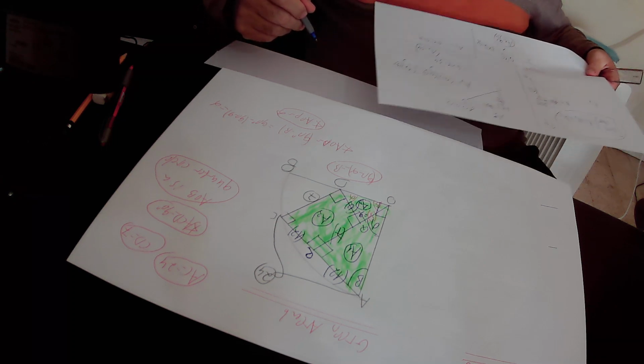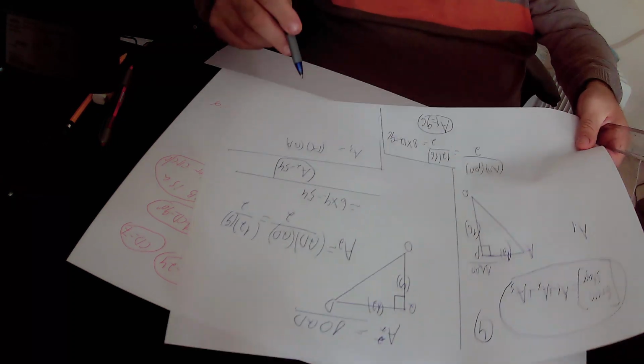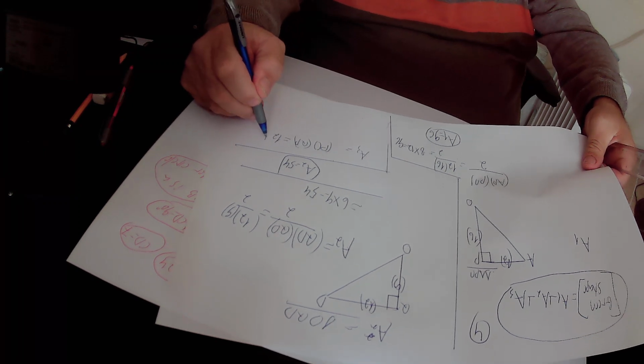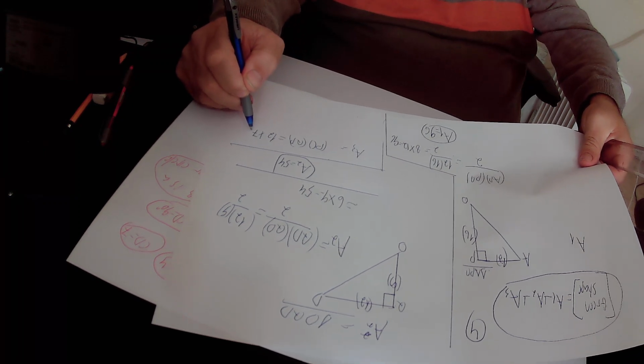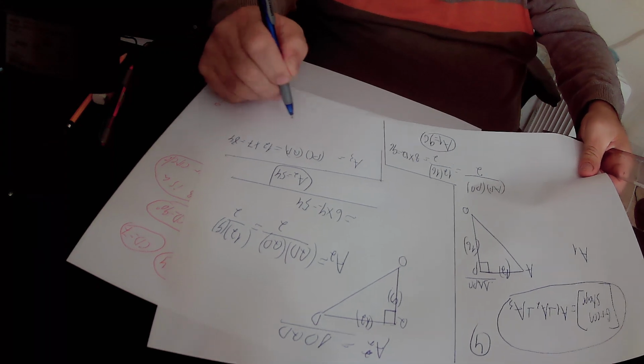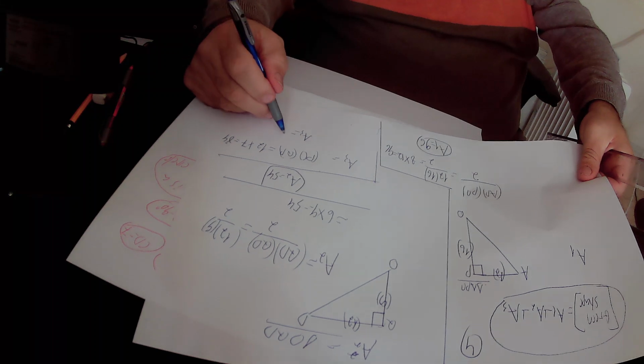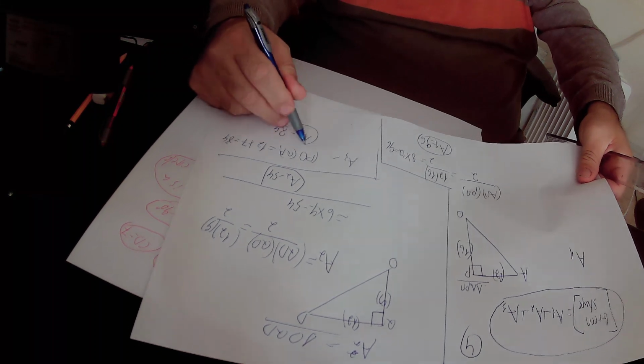So the area of rectangle PCQD equals PC times QP. PC is 12, QP is 7, so it is 12 times 7, that is 84. So A3 equals 84 square units.